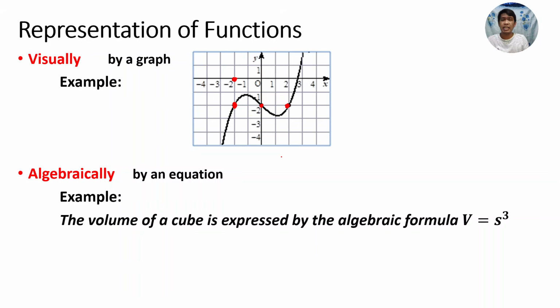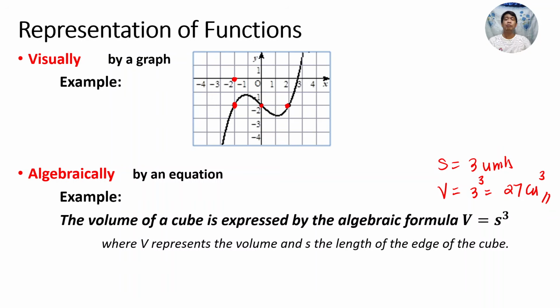So, meaning to say, kung meron akong cube, if the edge is 3 units, therefore, the volume is equal to 3 cubed, which is 27 cubic units. So that is how we get the volume of a cube gamit ang formula or gamit ang isang equation.